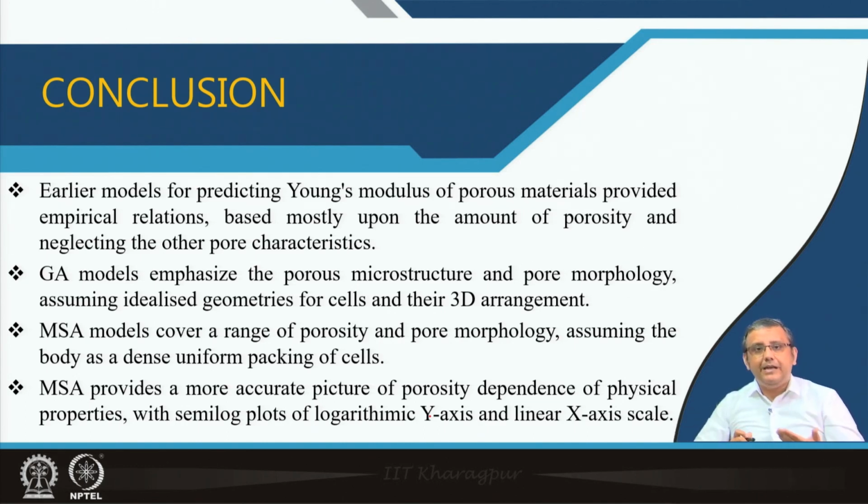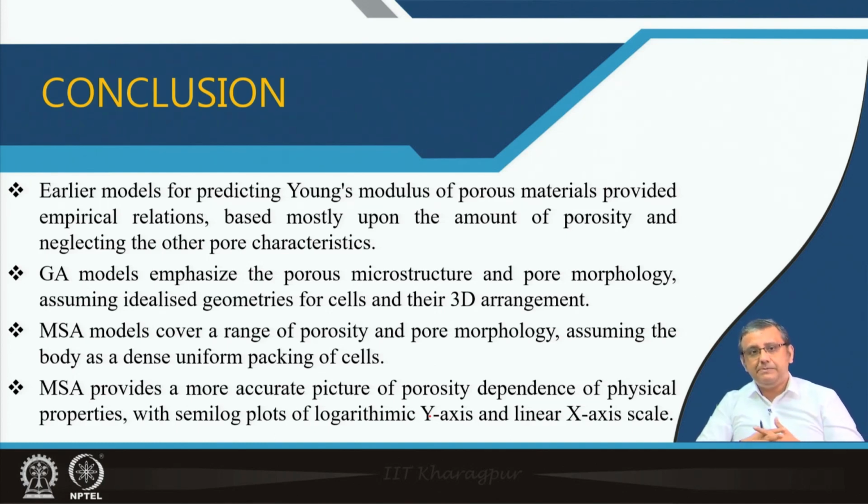An improved modeling approach was proposed by Gibson Ashby, who used simplified unit cells, and using the dimensions of the unit cells, like the thickness or the length of the cell walls, they proposed expressions to find the properties for different kinds of cell geometries like honeycombs, open cell foams or closed cell foams.